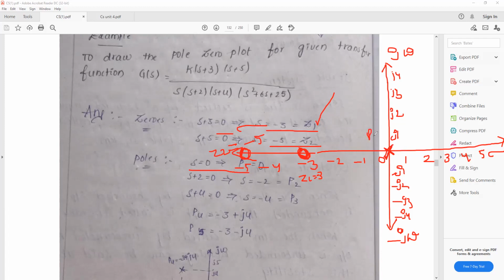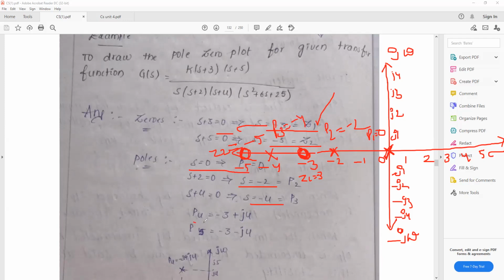Pole 1 is equal to 0, first pole at the origin. Next pole at -2, the second pole. So pole 2 is equal to -2. And the third pole is -4. So -4 is the third pole.